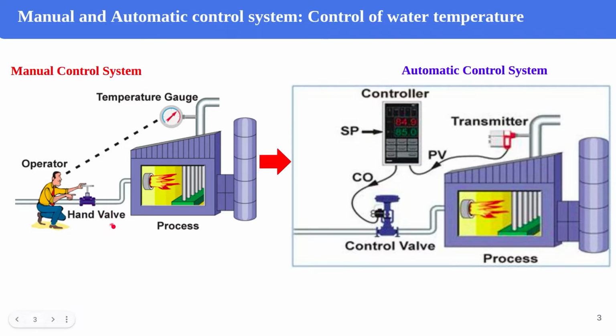If the water gets too cold, he has to open the gas valve. If the water temperature becomes too high, the operator has to close the gas valve, just enough to bring the temperature back to the desired value.